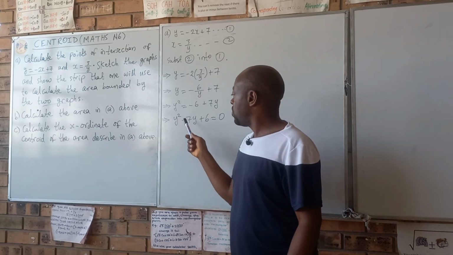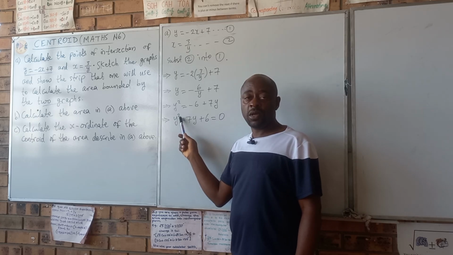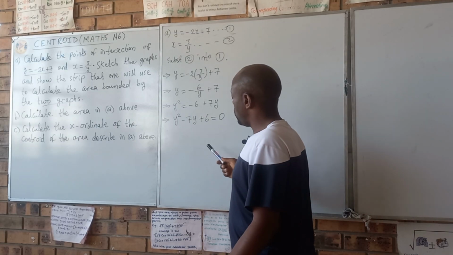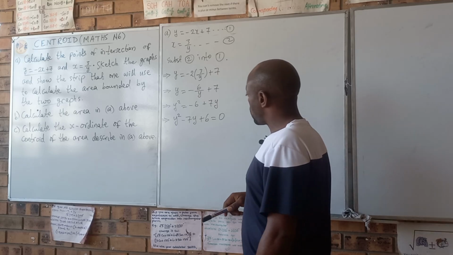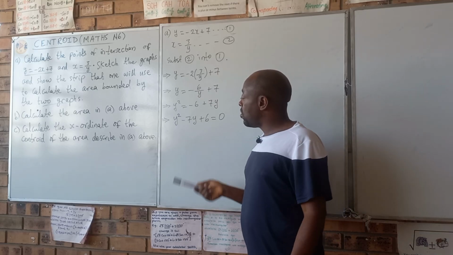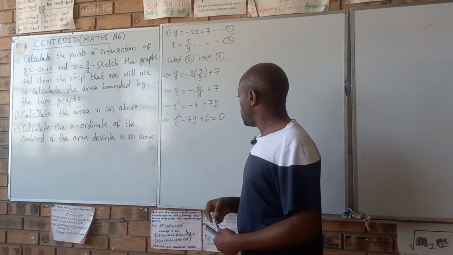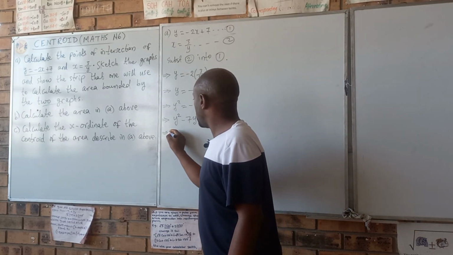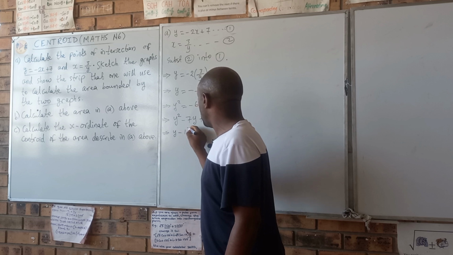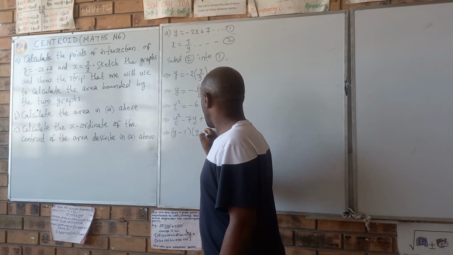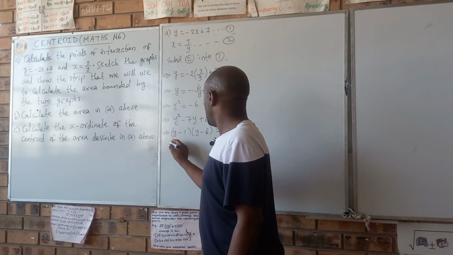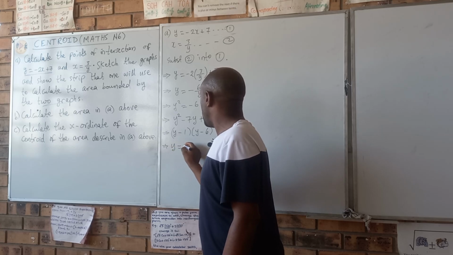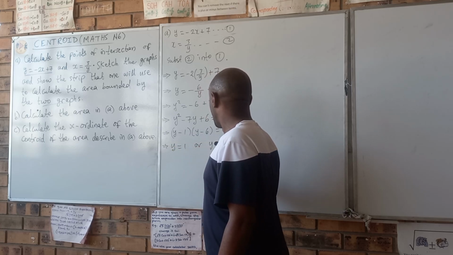Once we solve it, we must get two answers for y. So you can choose to put it through the quadratic formula, or better still to use factorization. So when I'm looking at it, my factorization tells me I'll get y minus 1 into y minus 6 equal to 0, which tells me that y is equal to 1 or y is equal to 6.